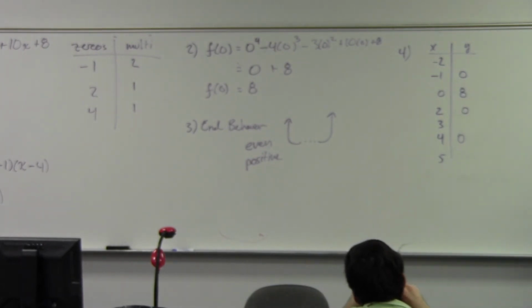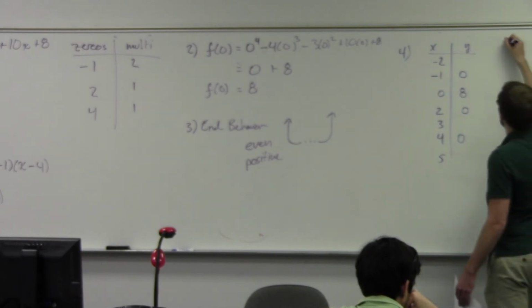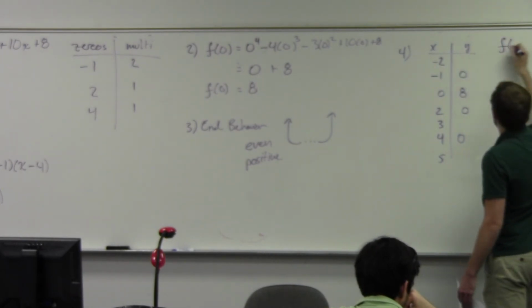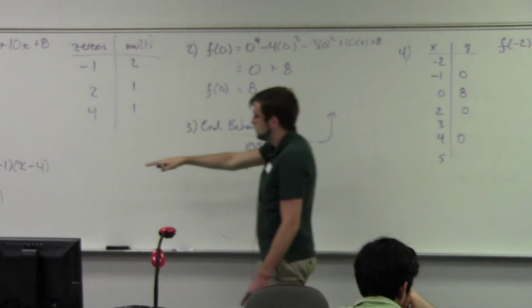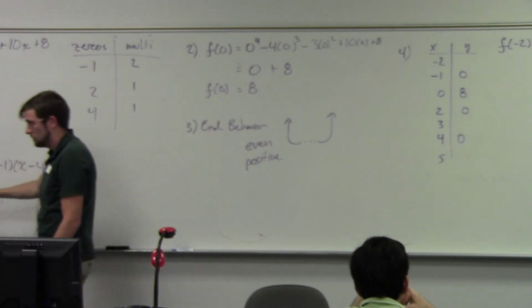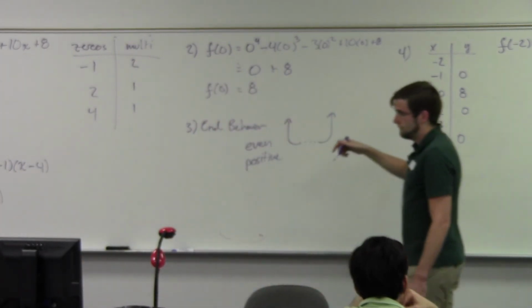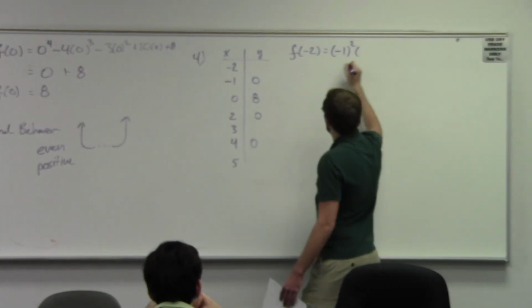All right, so I'm just going to use the factored function. So f of negative 2. If I plug negative 2 into this, what's negative 2 plus 1? That's negative 1, right? So I have negative 1 squared.